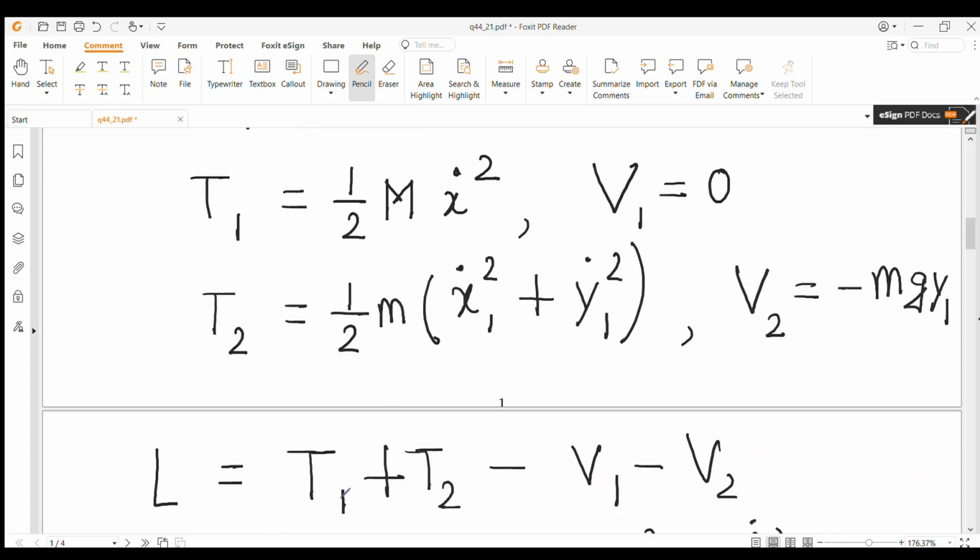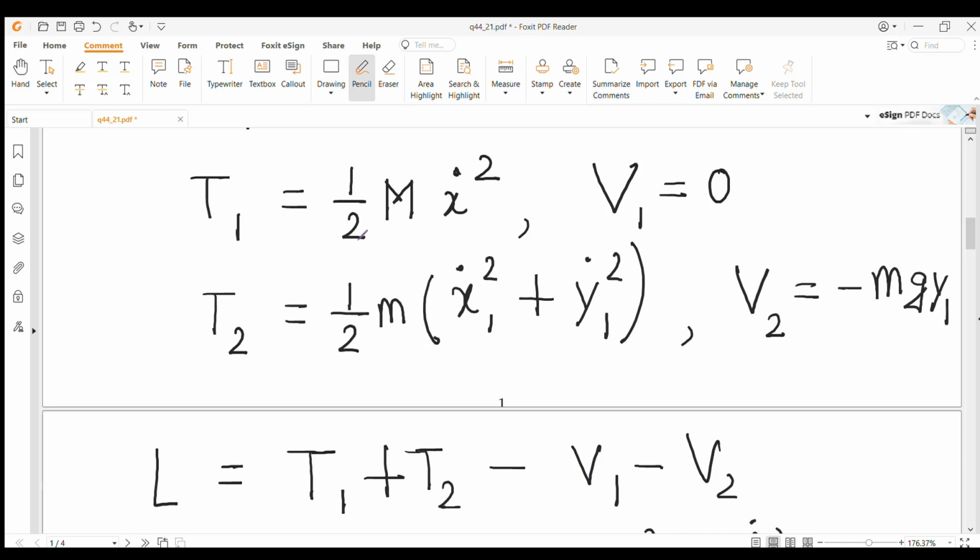The Lagrangian of the system is equal to T1 plus T2 minus V1 minus V2, where T1 and T2 are the kinetic energies of the masses capital M and small m respectively, and V1 and V2 are the potential energies of the masses capital M and small m respectively.